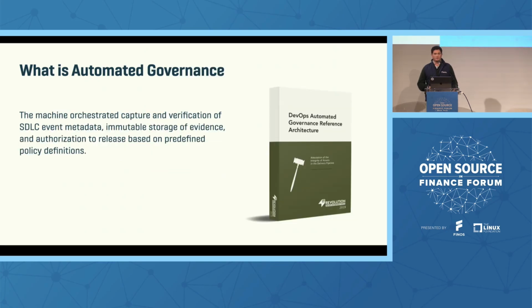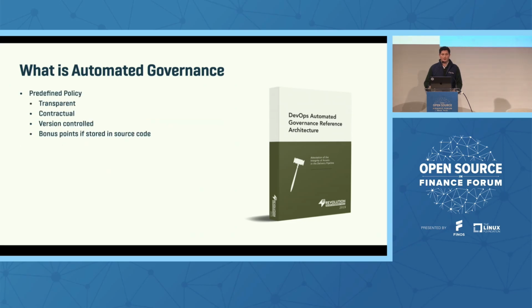So what is automated governance? The definition that we'll be working off of today is that automated governance is the machine-orchestrated capture and verification of SDLC event metadata, immutable storage of evidence, and automation of the authorization of the release based on predefined policy definitions. So when we talk about predefined policy, we're talking about transparent policy that's evident to the developer.